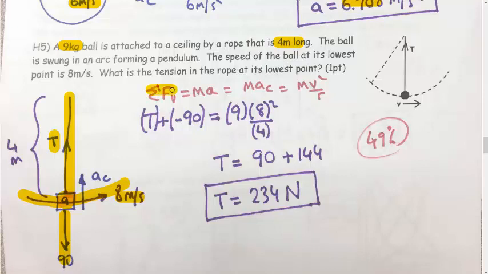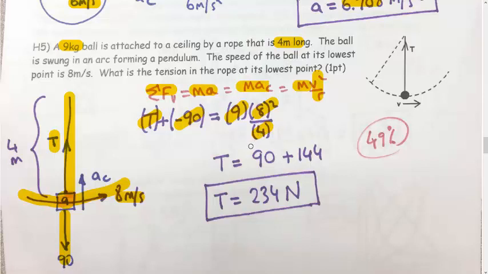So I say the sum of the forces vertical equals the mass times the acceleration vertically. But this is a special acceleration, it's centripetal acceleration, so it's m times a_c, which equals m times v squared over r. Then I look at my diagram and I say plus tension added to, there's only one other force, it's negative, minus 90, is equal to 9, that's the mass, times v squared over r.